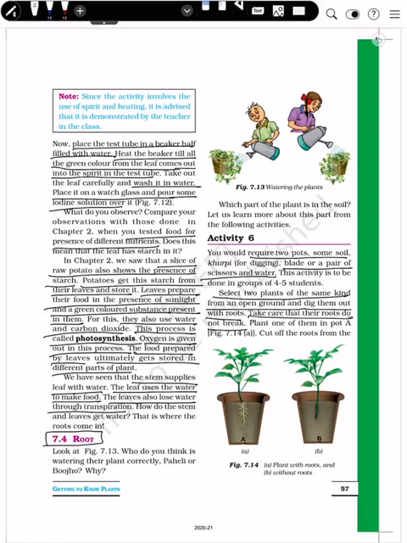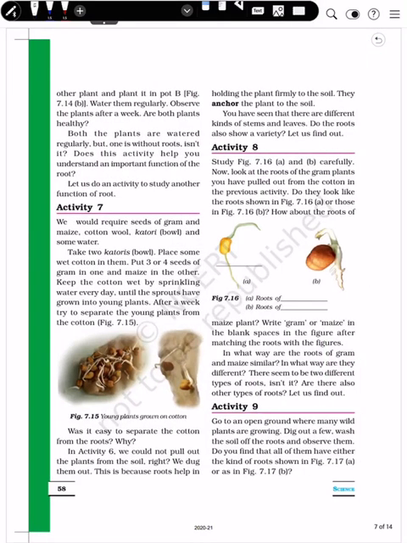We will plant one of them in pot A, as you are able to see in figure 7.14a, that is a plant with roots. And in pot B, we will plant the second plant by cutting the roots with the help of the blade or the pair of scissors.